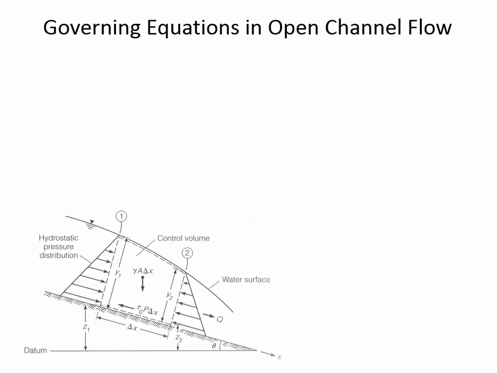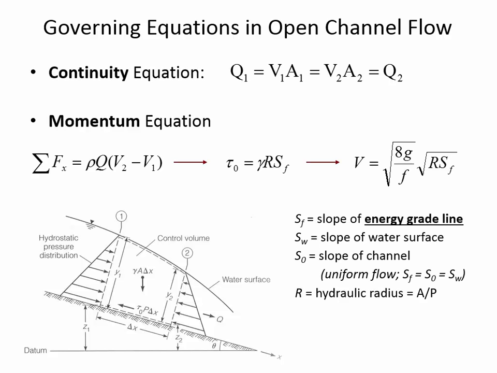We also have the weight of the water acting downward. That's gamma times A times delta x: A times delta x is a volume, times gamma gives us the weight of the water in that element. And then finally, you can see that there's a resistance here. This shear stress, tau, is related to the forces of this surface resisting the movement. So they're pushing to the left as the water flows to the right.